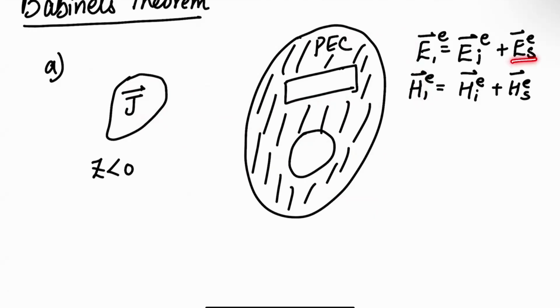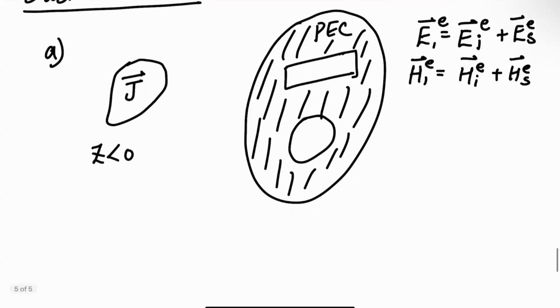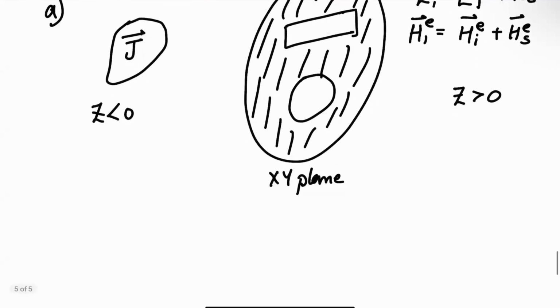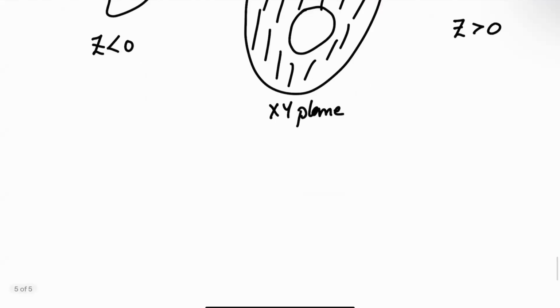And the scattered fields are nothing but E1 minus EI and H1 minus HI. That's how the scattered field is defined. It's the difference between the total field and the incident field. That's what the scattered field is. So this is again the XY plane. And this is z greater than 0. Okay, that's the first problem statement.